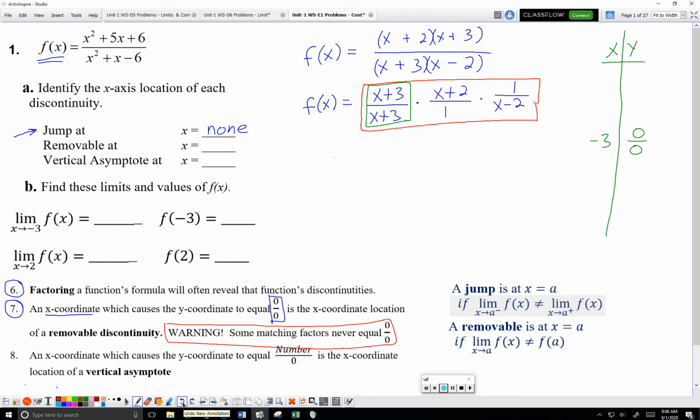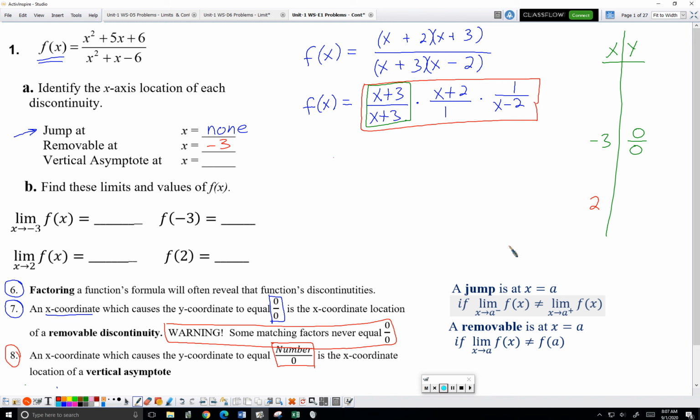Okay, so we found the removable discontinuity at x equal -3. Vertical asymptote. Look at note number 8. An x-coordinate which causes the y-coordinate to equal some number divided by 0. That's the x-coordinate location of a vertical asymptote. So, if I were working down my list of xy pairs at x equal 2, 2 plus 3 is 5, 5 divided by 5 would be 1.